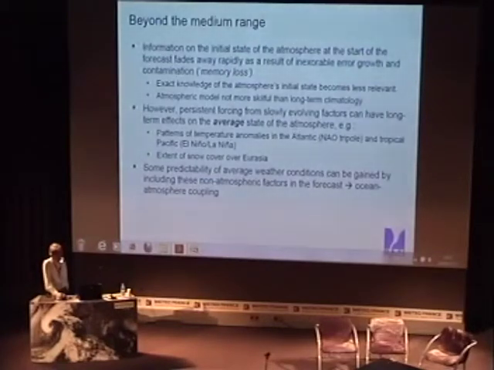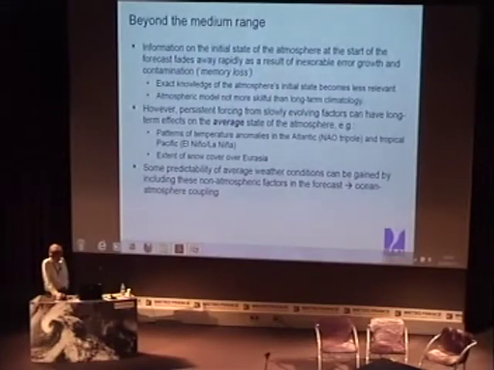It's still something that depends on initial conditions, but not on the atmospheric state, rather on the ocean. When we move beyond 2 weeks, the initial conditions in the atmosphere themselves become less relevant. There is some kind of memory loss of the initial state.